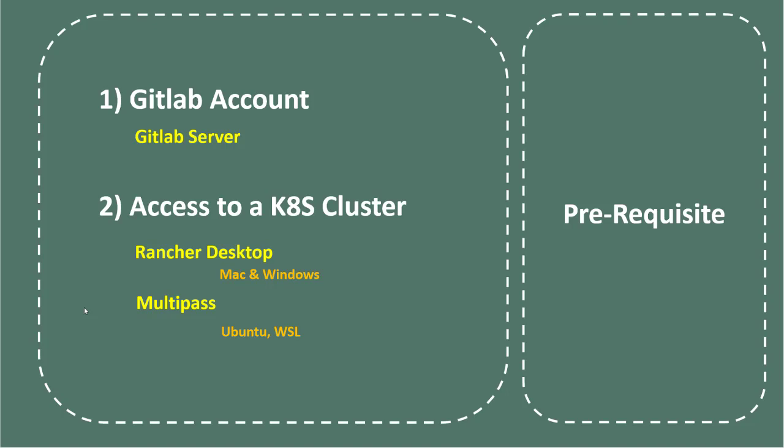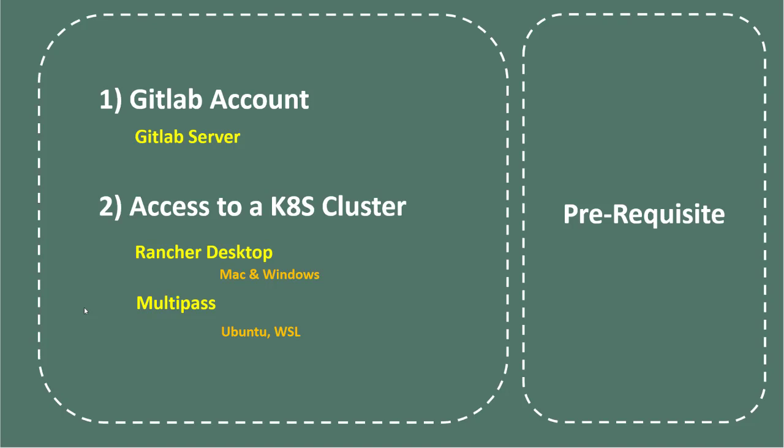I have recorded a video about how to install and configure Rancher Desktop on a Windows machine, and I pinned its link above this video, and by clicking on it, you can access it and configure Rancher Desktop on your computer. If you are using the Linux Ubuntu distribution or Windows Subsystem for Linux, you can use the Multipass package to quickly bring up a Kubernetes cluster on your local machine.